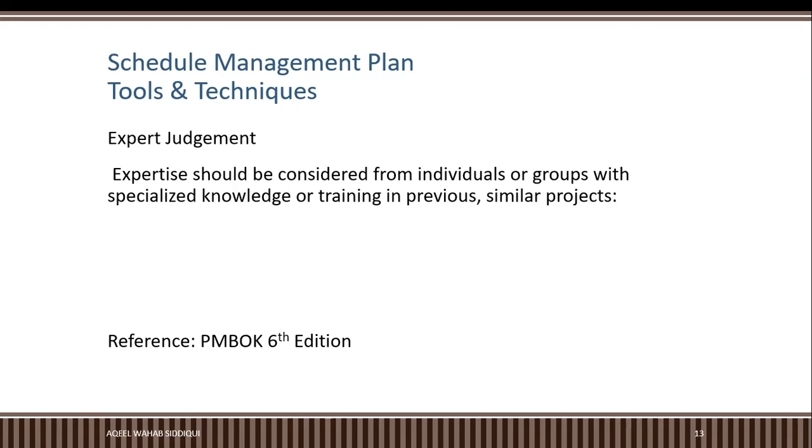Since we have 49 processes, you will see this expert judgment. What is expert judgment? If you cannot do something directly, take valuable advice from individuals or groups with specialized knowledge or training in previous similar projects. So we can use expert judgment to get things done.